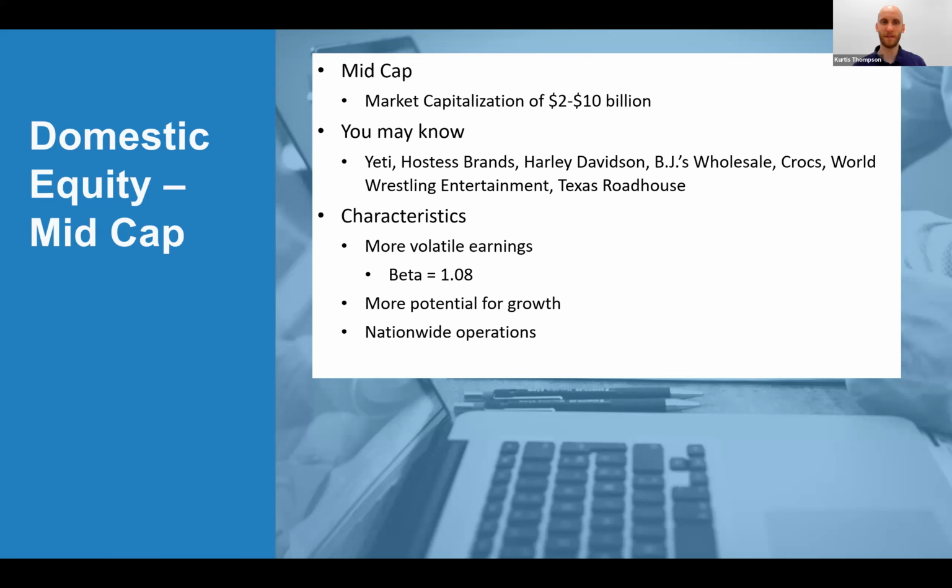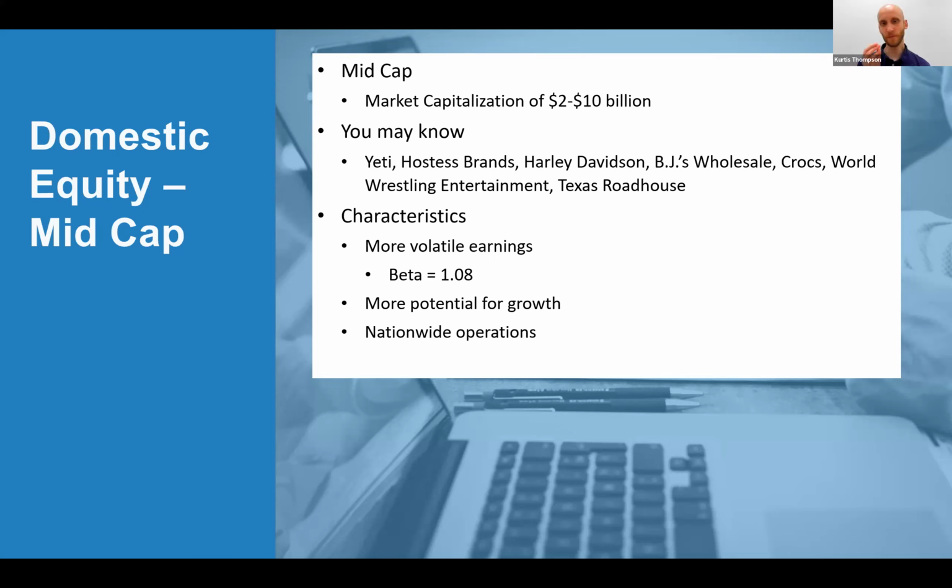Some characteristics of these compared to the large cap stocks: their earnings are going to be a little bit more volatile. I've shown a number here that's beta. For those that are not financial people, beta is a term that measures the variability of a stock compared to generally the S&P 500, but it's the variability of a stock compared to an index.